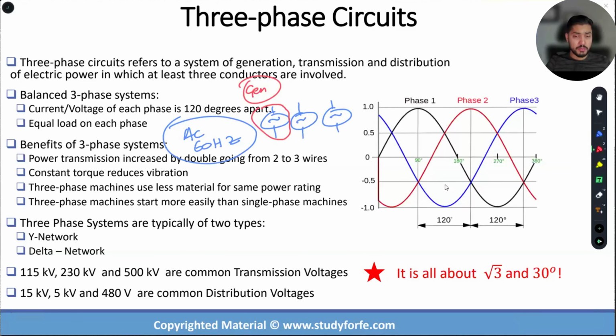In the P-Power program, we actually go through synchronous machines, how they are used as generators, how they're used as motors, and so on. Typically, 99% of the times when you think about a generator, that generator is a synchronous generator.